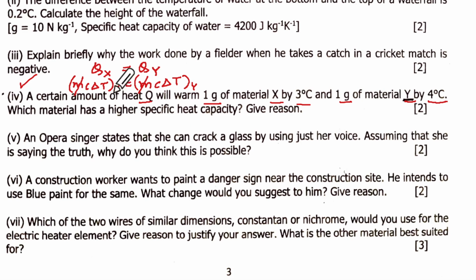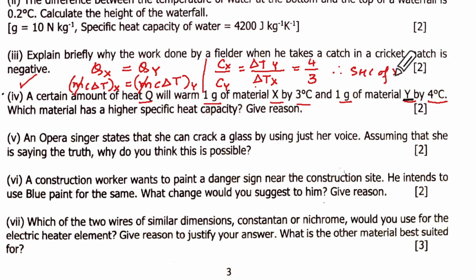Yes, ma'am. So below this, I will say C of X upon C of Y will be equal to delta T of Y upon delta T of X. Now delta T of Y is 4 and delta T of X is 3. So therefore SHC of X will be greater than SHC of Y.